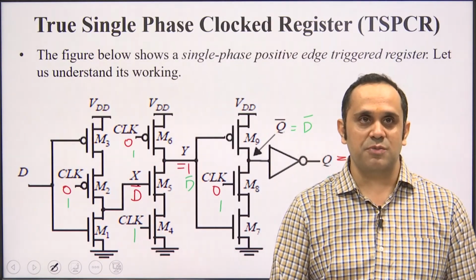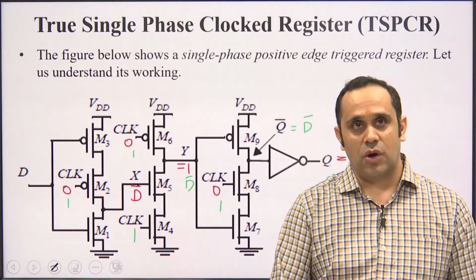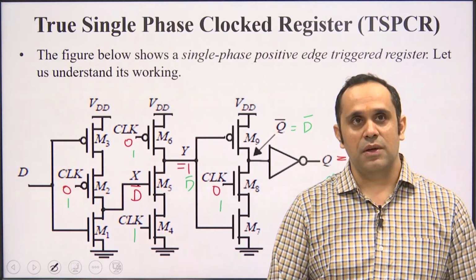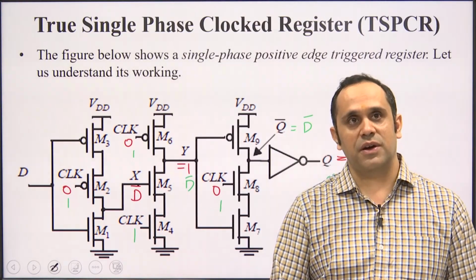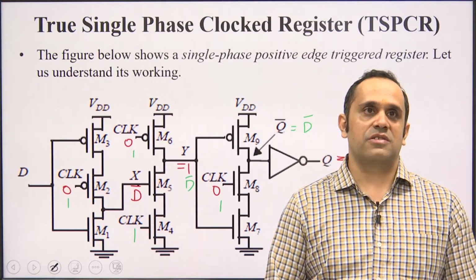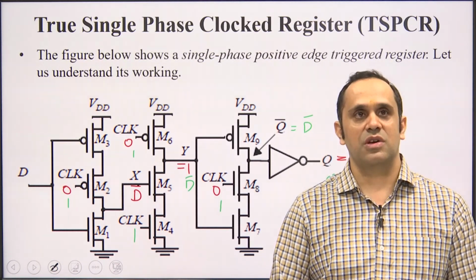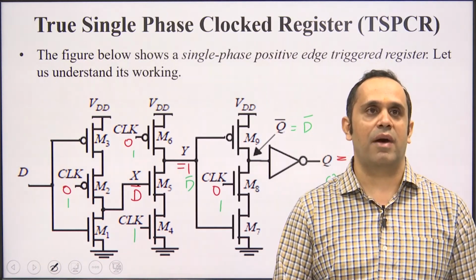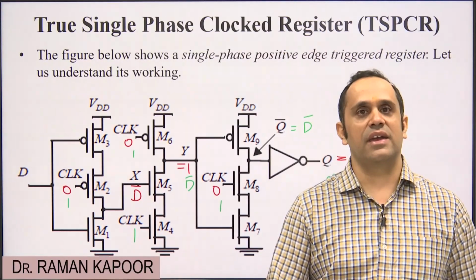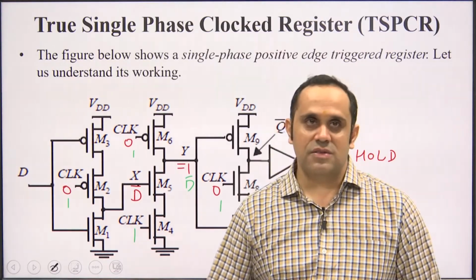You can use transmission gate, but that introduces a problem of race. You can use clocked CMOS approach, that solves the problem of race, but you are still using 2 clocks. Finally, we have discussed true single phase clocked register, where a single clock is used, which is based on the principle of combining a positive latch and a negative latch in series. So, with this we end today's lecture.